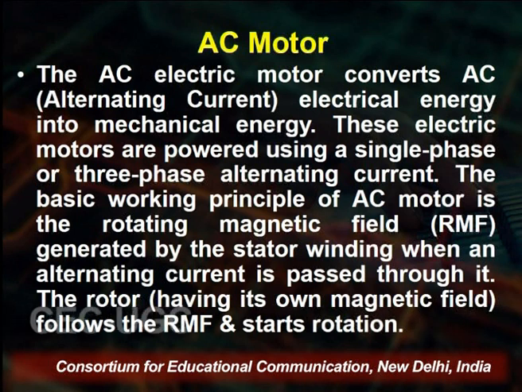These electric motors are powered using single phase or three phase alternating current. When we supply single phase or three phase current, on the basis of that it is classified. The basic working principle of an AC motor is the rotating magnetic field, also called the RMF, generated by a stator winding when an alternating current is passed through it.